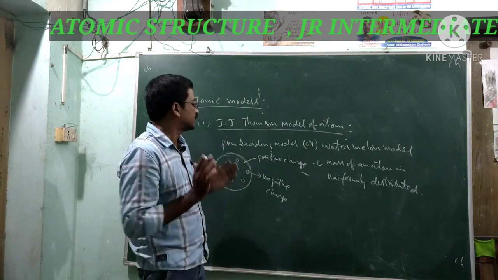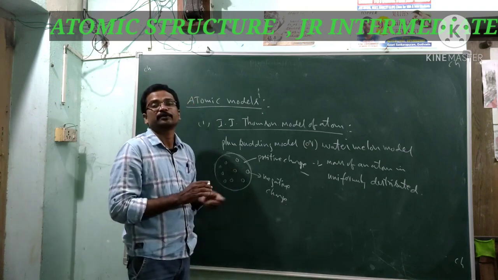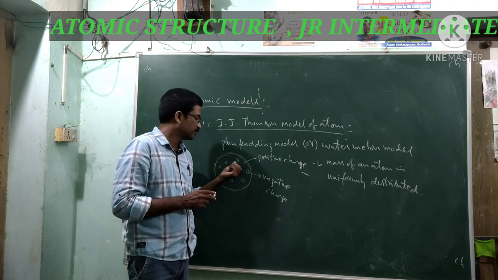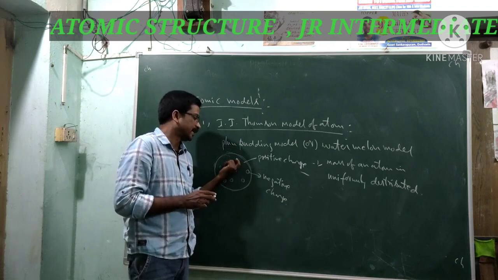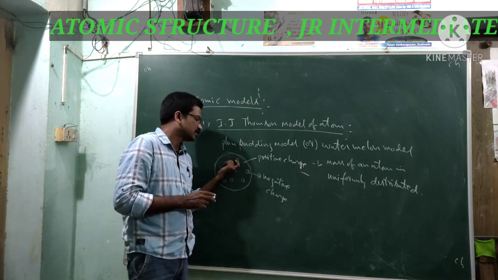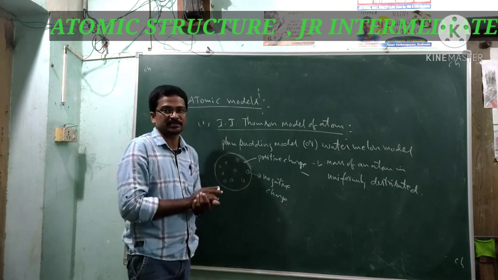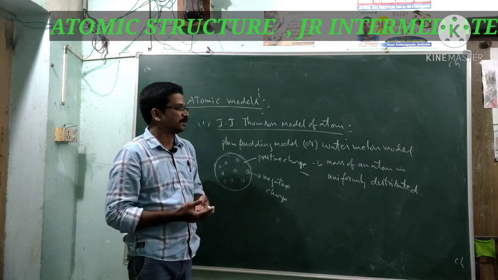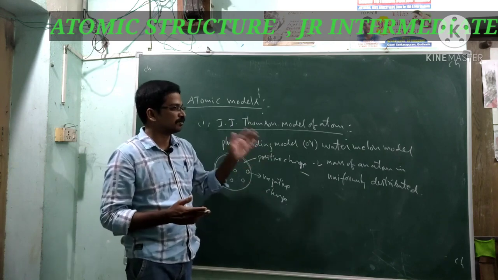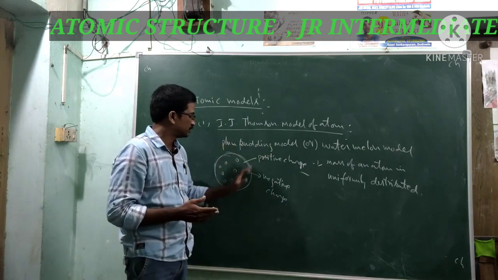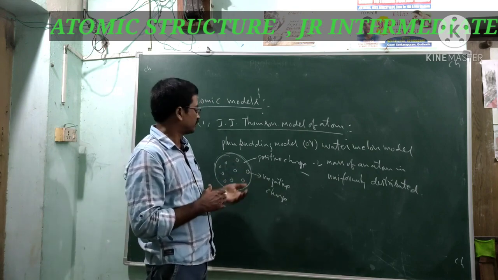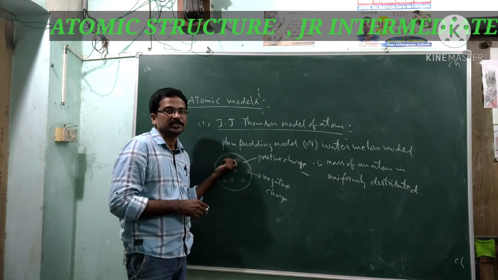In the second point, the electrostatic force is balanced. Electrostatic means there is an attraction between electrons and the positive charge, and it is balanced. According to this, two points are mentioned: the mass of an atom is uniformly distributed, and the electrostatic force of attraction is neutralized.